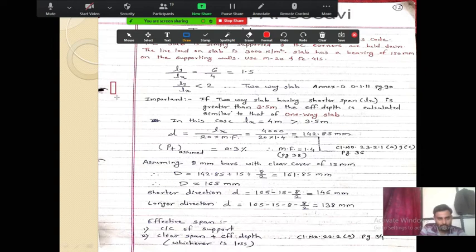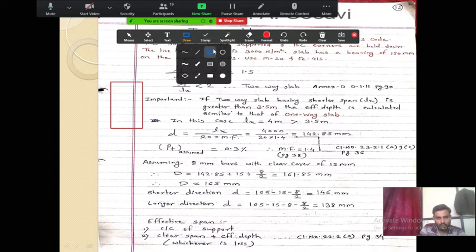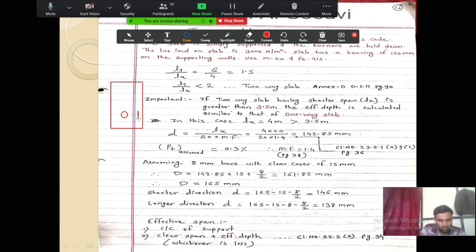So here this is the cross section, and now if I draw the bars, it will be like this. I will draw only two bars here, or maybe a third bar is over here. Now what is the overall depth?